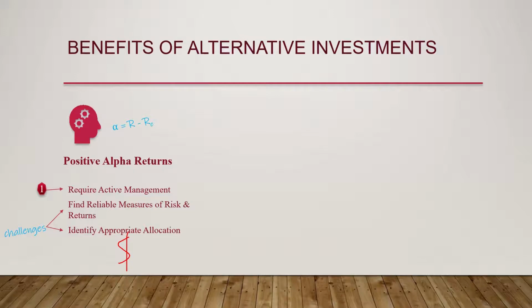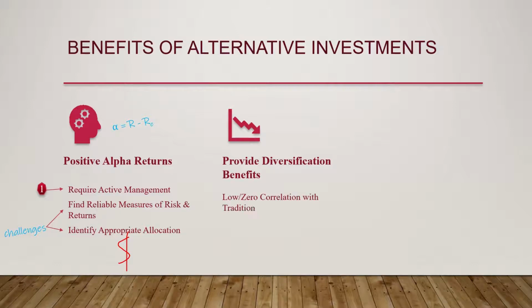The second important benefit of investing in alternative investment is that they provide diversification benefit. So now you have more than just traditional investment in your portfolio. Most of the alternative assets have low to zero correlation with traditional investments. This can be evidently seen by calculating the coefficient of correlation between the historical data of both categories of investment.